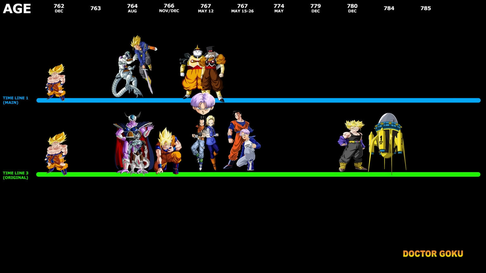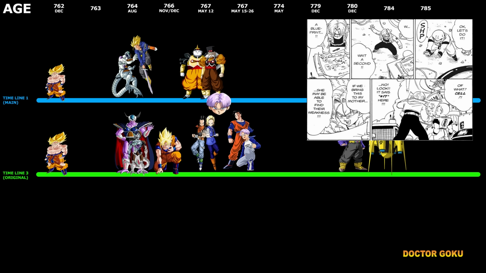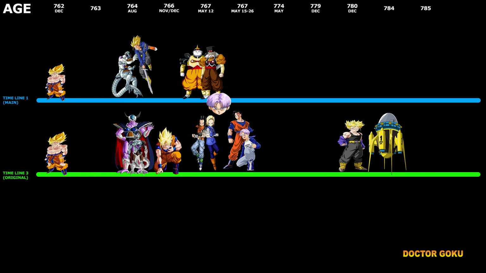He traveled back so that he can study the androids, find their weakness, and if anything, he would bring back Goku to his future. So Trunks arrived May 12th, age 767 in the past, and as the story goes, both him and Krillin find Dr. Gero's secret lab, and they also find the blueprints to androids 17 and 18.